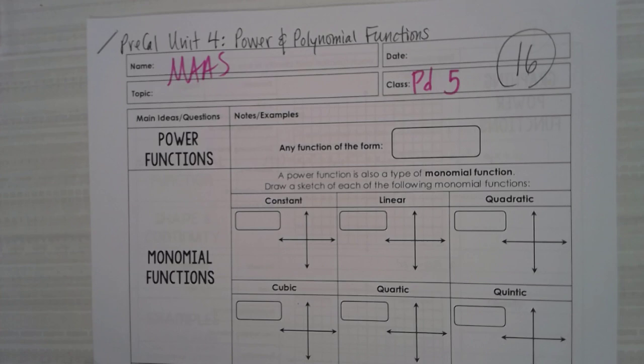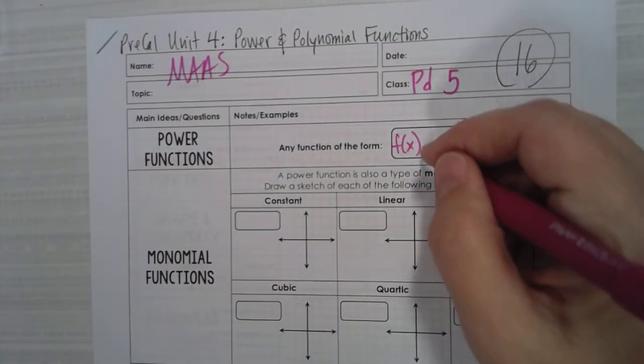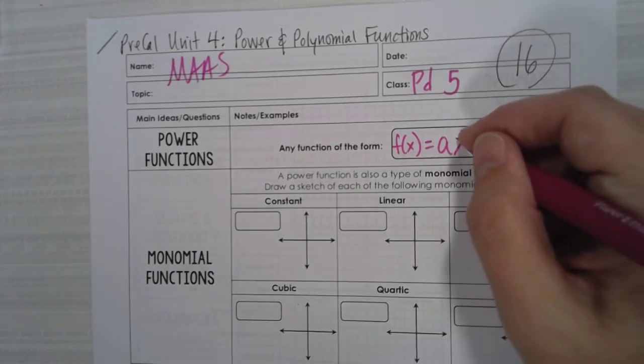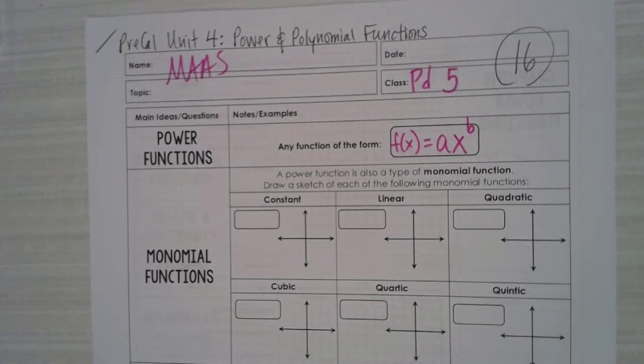Okay, so a power function is where we have x to the whatever power. So x to the first power, x to the second power, x to the third power.